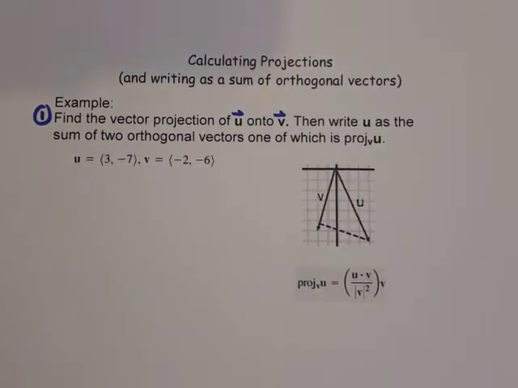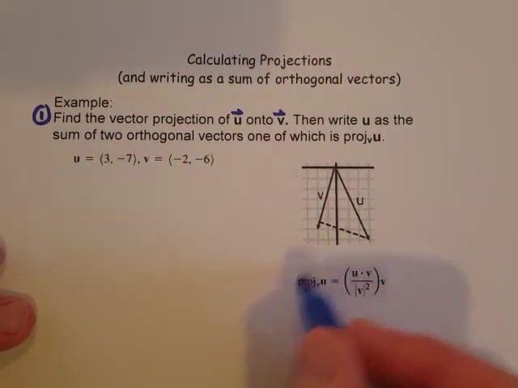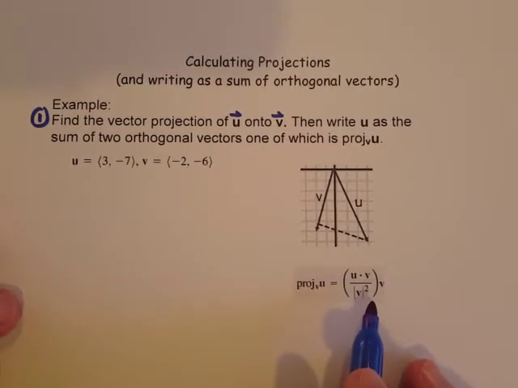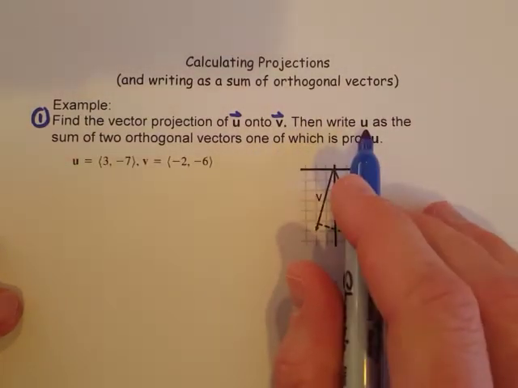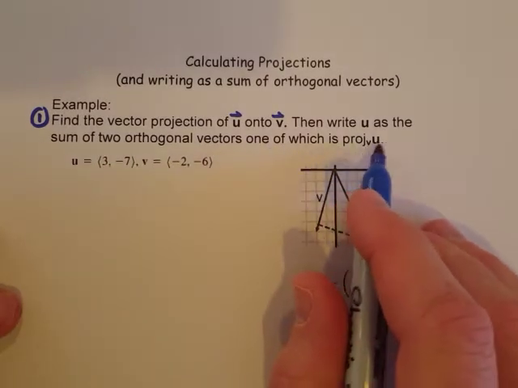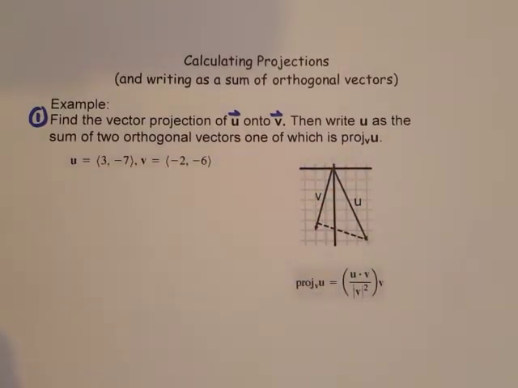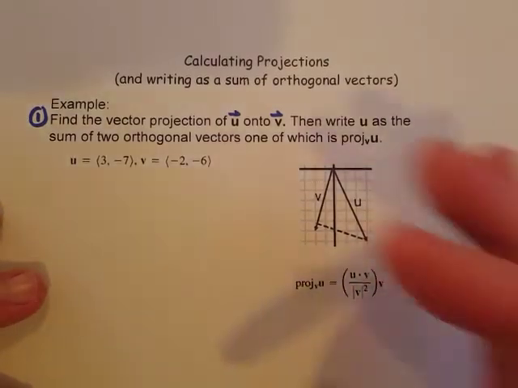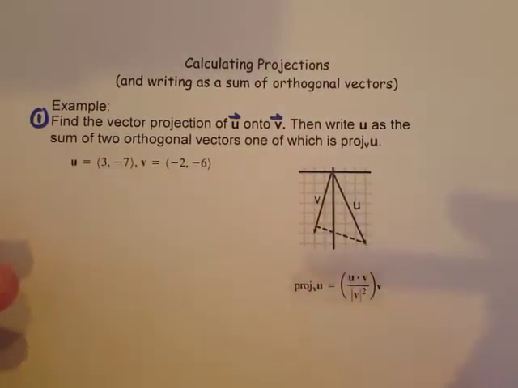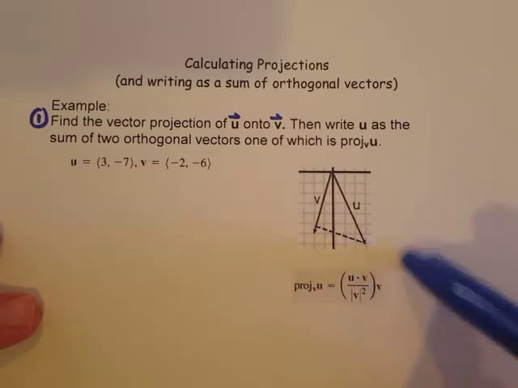Vector projection of u onto v, and we have this formula down here that we just talked about in the last video, and we're going to apply this formula in this problem. Part number 2, it says then write u as the sum of two orthogonal vectors, one of which is the projection. So when we think about the projection, we're projecting u onto v, so we're shining a light source really from like right here.